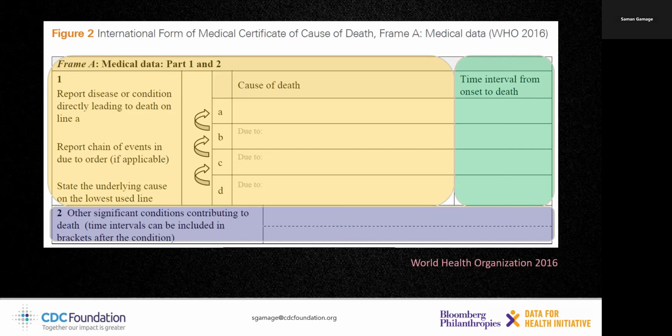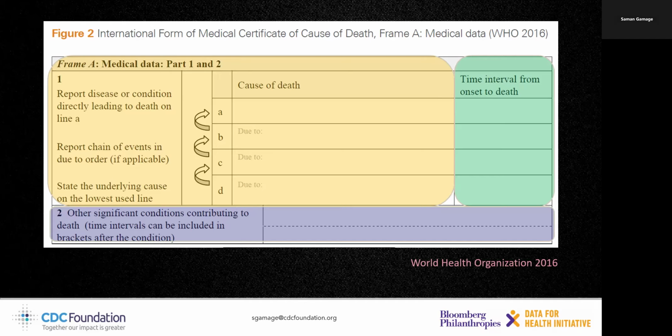As you all can see here, there are three main sections. In the medical data section, there is part 1 and part 2, and then there is another column to report time intervals. Part 1 has 4 lines, namely 1A, 1B, 1C, and 1D.